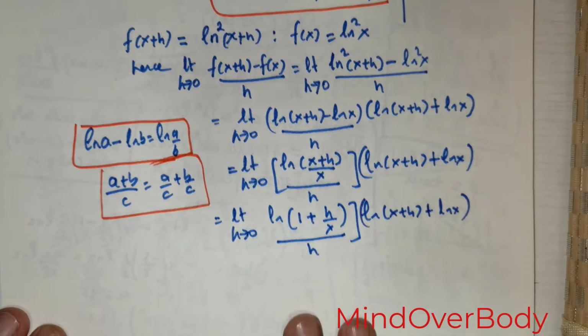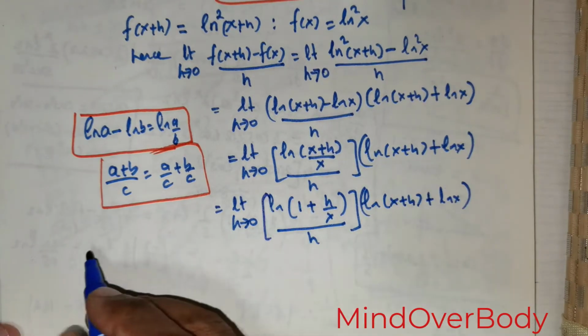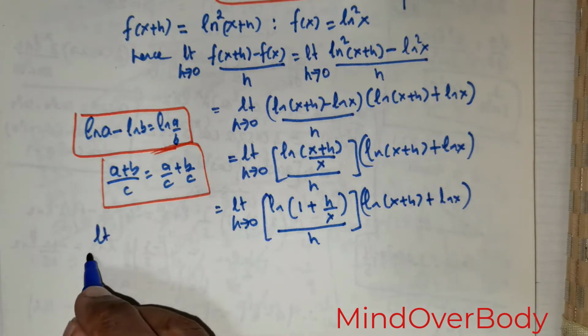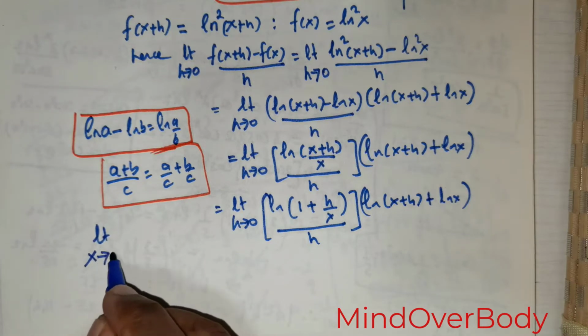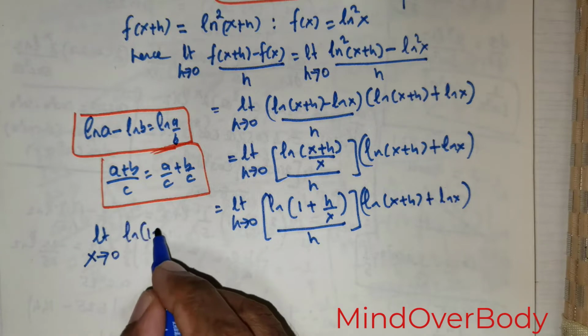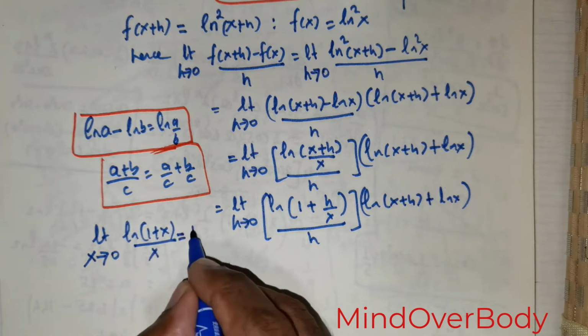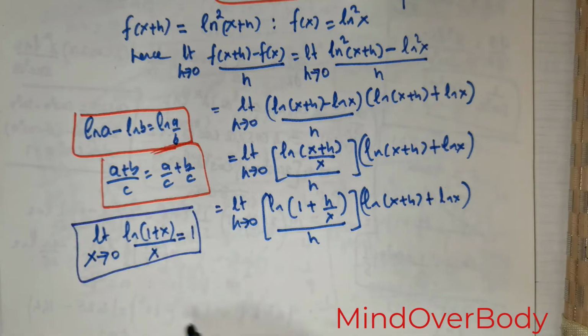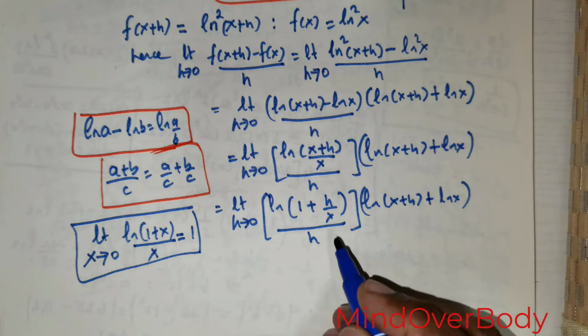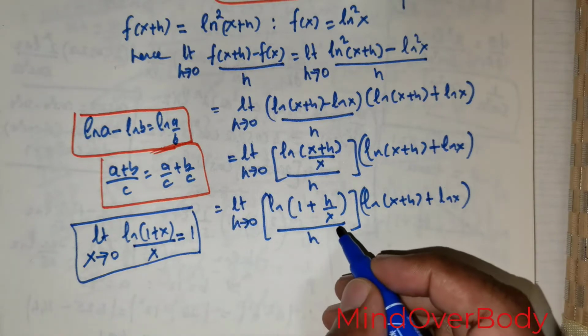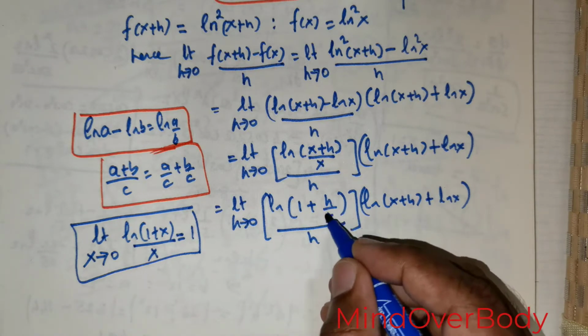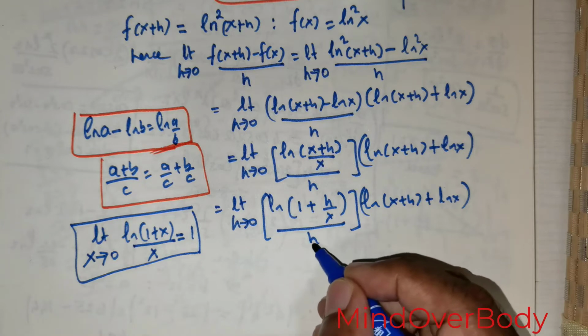Now there is a formula, limit x tending to 0 of ln of 1 plus x divided by x is equal to 1. So I could achieve this if I am able to have this component over here.